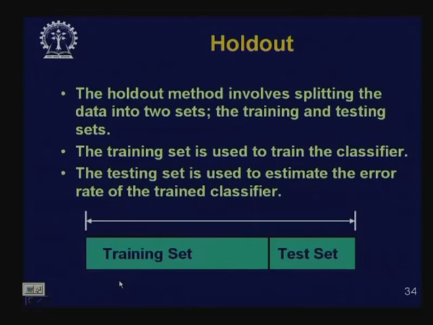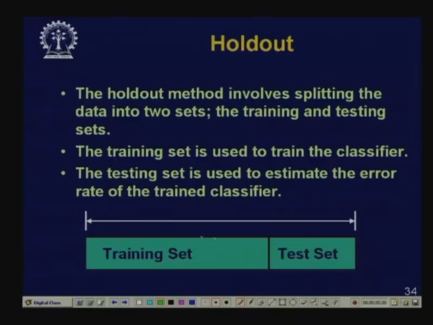Now, how are you going to properly test the accuracy of your classifier? You are given a set of examples. What you should do is that instead of using all the examples for training, you should keep aside some of the examples for testing. So, you hold out some of the examples. The total examples that you have, you divide into 2 sets, the training set and the test set.